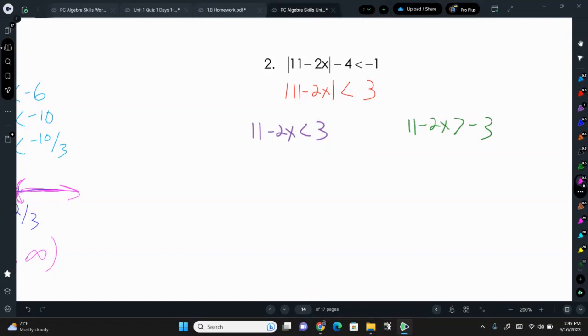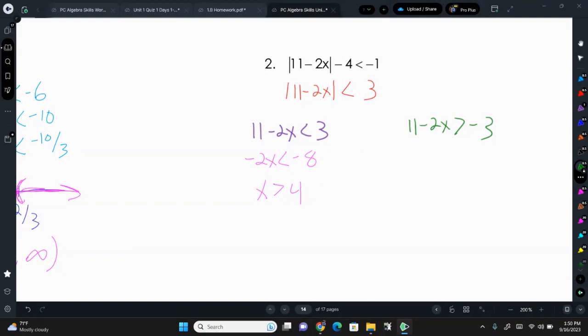So we're going to solve the purple one, subtract 11 from both sides, so negative 2x is less than 3 minus 11, which is negative 8. Divide both sides by negative 2, we get x is greater than 4.